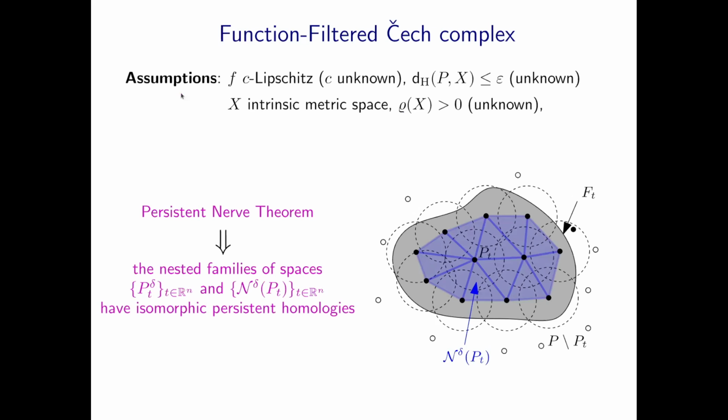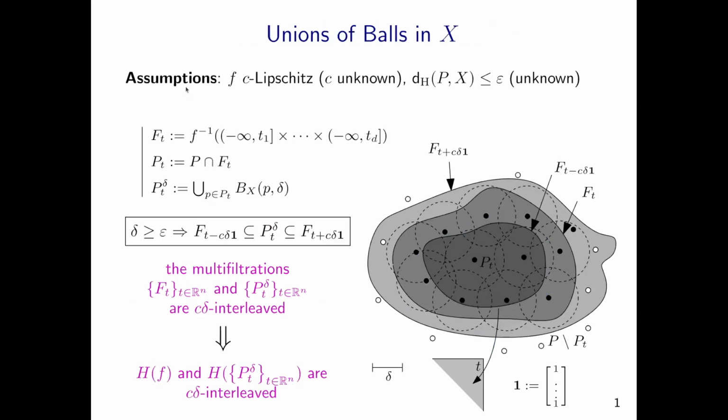Of course, you can easily show, just using the triangle inequality, that you have an interleaving between the sublevel sets of the function F_t and this filtration P_t^δ. That's very easy to show. You use the triangle inequality and the fact that you're assuming f to be C-Lipschitz, because you need some regularity.